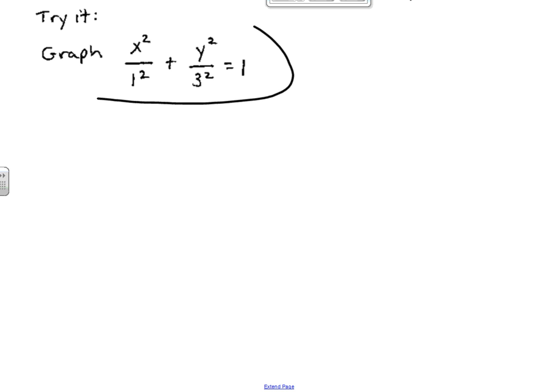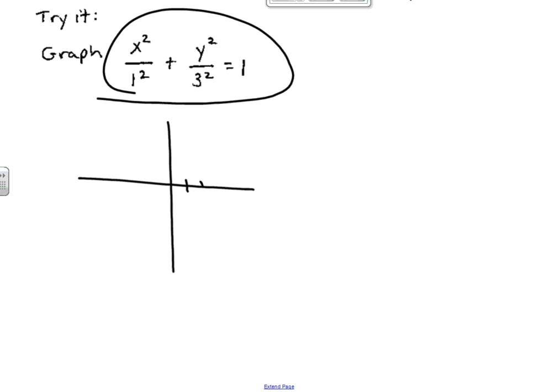So this one is already set up for us. I'll just make a little axis, 1, 2, 3, 4, 1, 2, 3, 4, 1, 2, 3, 4. And then for this one, a is 1, so we go 1 to the right and 1 to the left. b is 3, so we go 3 up and 3 down.